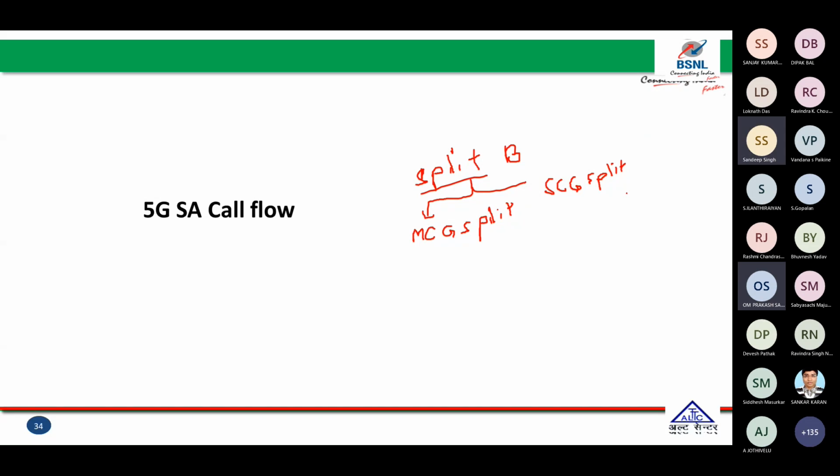Only the nomenclature is different; otherwise, everything is the same. The whole pipe is known as the EPS bearer, but at the radio side they change the name to DRB: MCG bearer, SCG bearer, MCG split bearer and SCG split bearer.